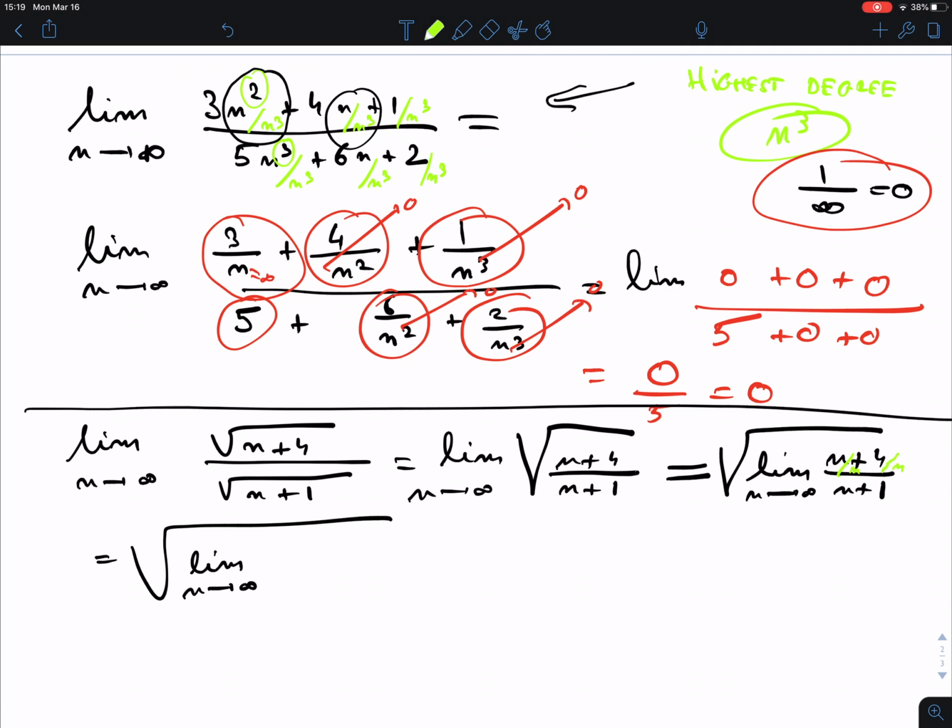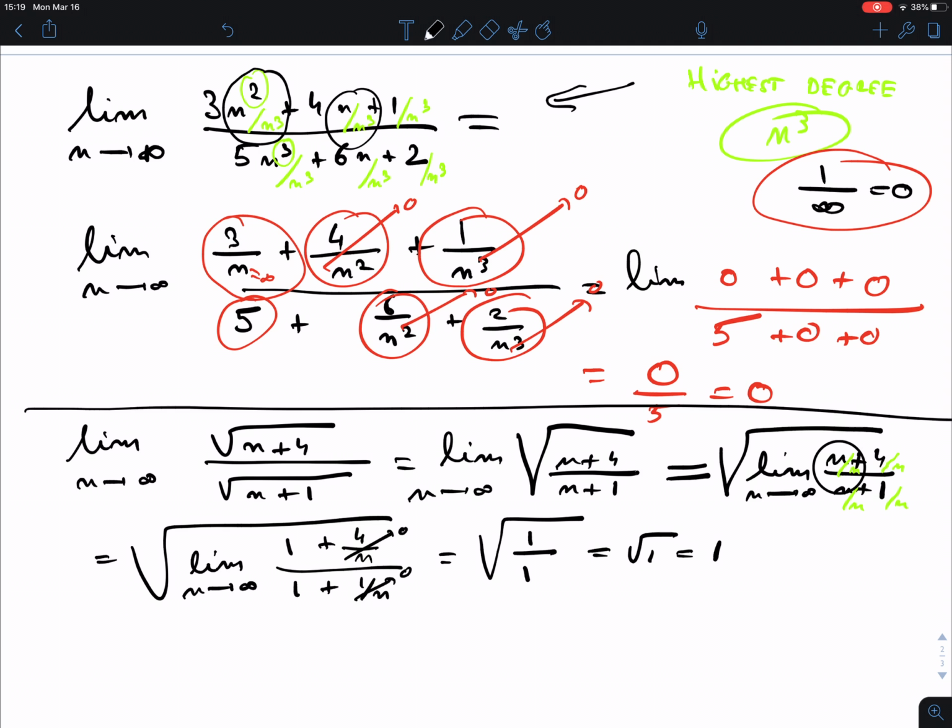So we get 1, this cancels out, the next term is 4 over n, divided by 1 plus 1 over n, and then we use that these two go to 0. I hope I have explained this enough. So we get the radical of 1 over 1, which is the radical of 1, which is just 1.